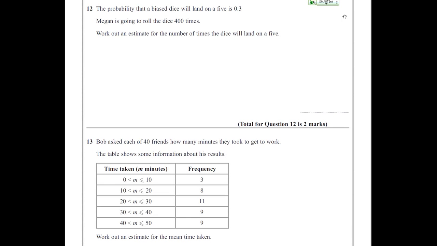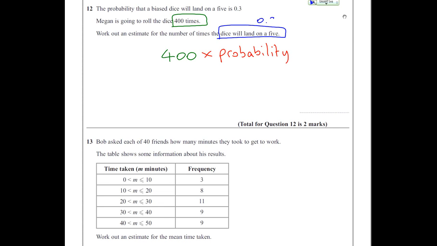Right. So what you need to do is think she's doing it 400 times. So what fraction or what decimal, what probability do we need to multiply 400 by? We need to multiply it by the probability that the dice will land on a 5, and that is 0.3.